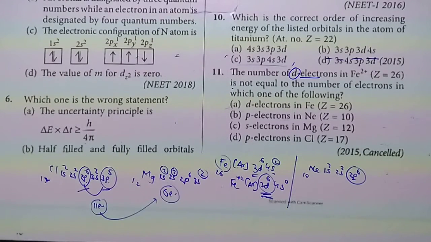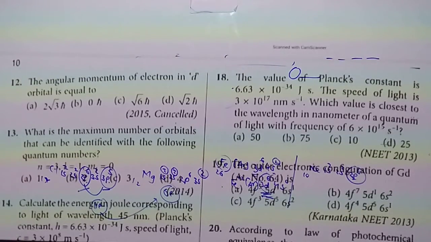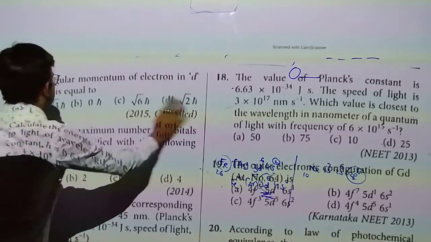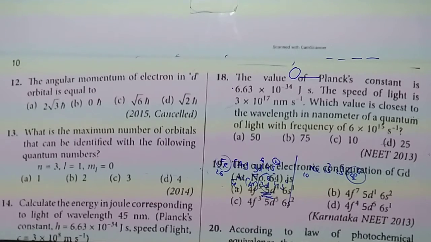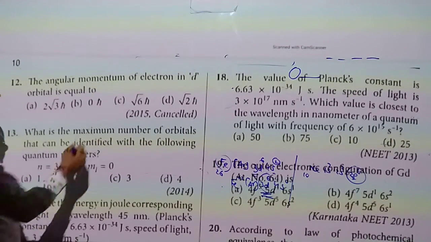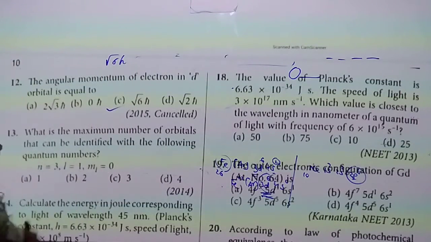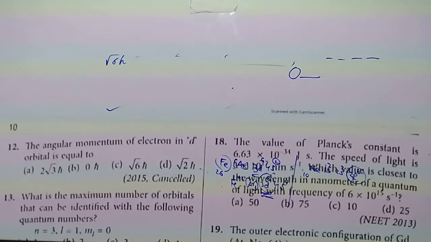Like this, a question was asked in our exam. Now the angular momentum of the d orbital. The angular momentum of electron in d orbital is equal to... Answer is C, root 6 h. Why? This question was cancelled because it was out of syllabus.